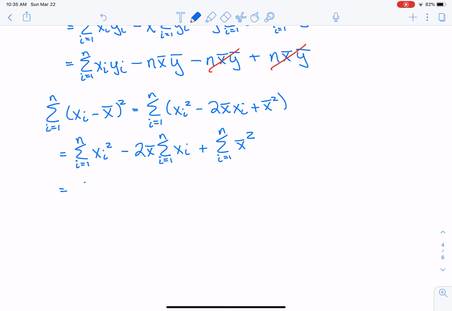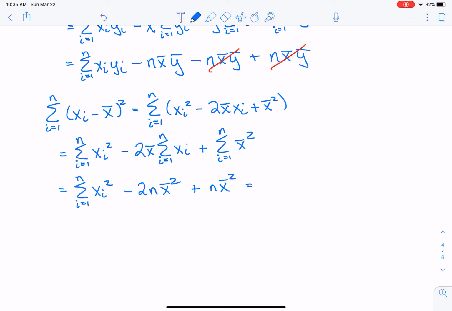That first term is exactly what we want, so we're going to leave that one alone. We've got another sum of x sub i in the next term, so that's going to be minus 2 n x bar squared, because that sum becomes n x bar. And then finally, we're summing up a constant x bar squared, so that's n x bar squared.